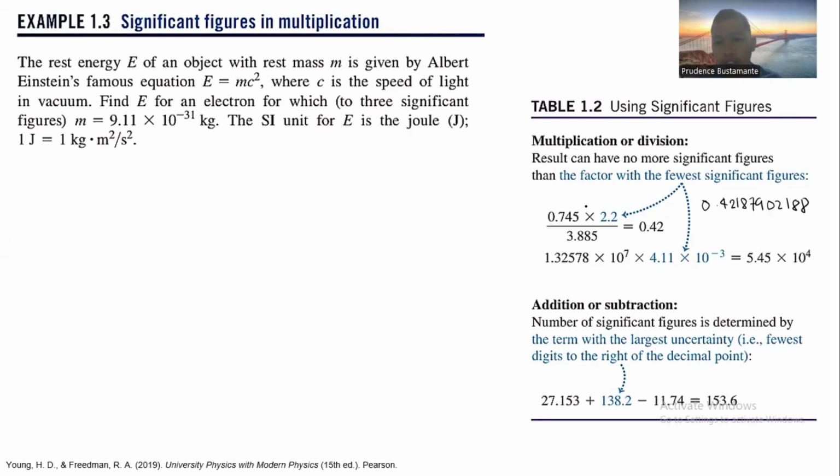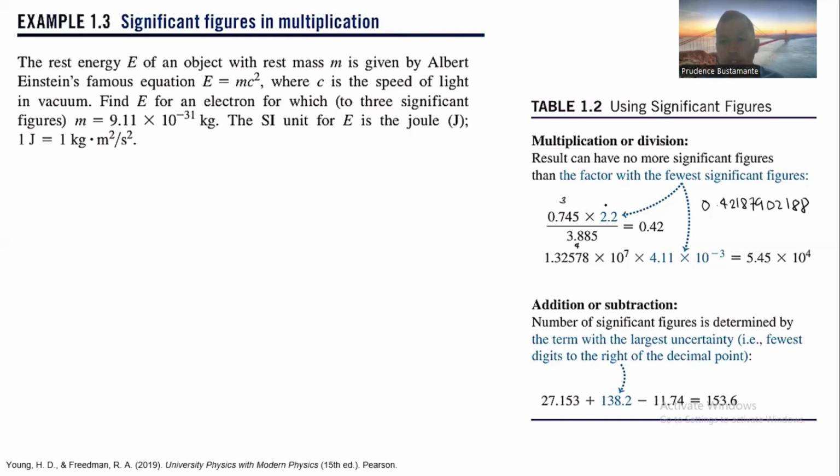However, since this is multiplication or division, our results can have no more significant figures than the factor with the fewest significant figures. The fewest significant figures here is 2.2 because it has two significant figures. We have three significant figures and we have four significant figures.